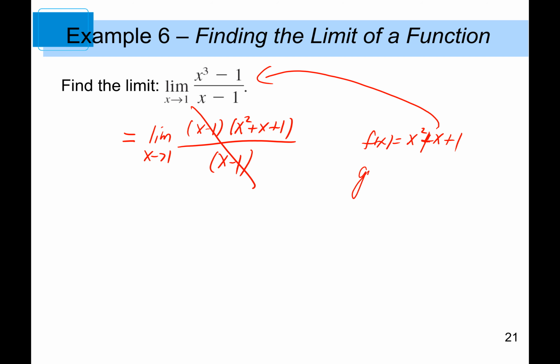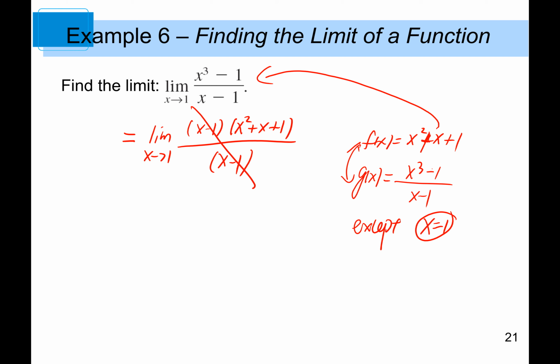So it's exactly the same as x cubed minus 1 over x minus 1, except when x equals 1. Okay? Because for this original function, g of x, x cannot be equal to 1. But for the f of x, x could be equal to 1. So these two functions are basically equivalent, except at x equals 1.